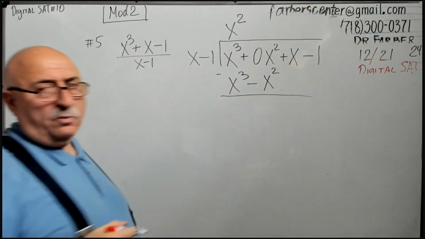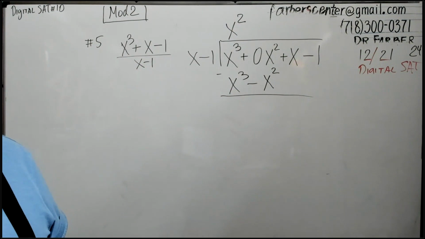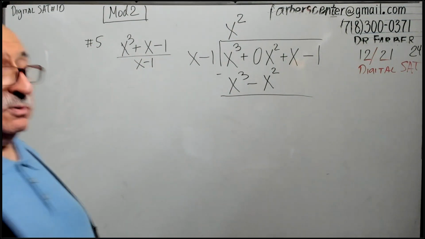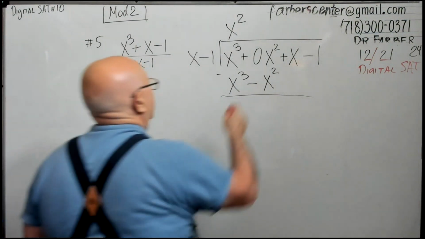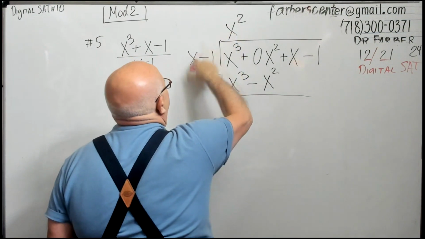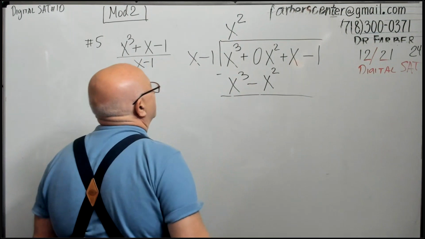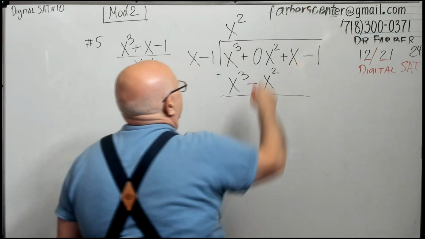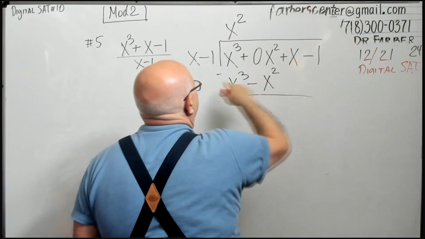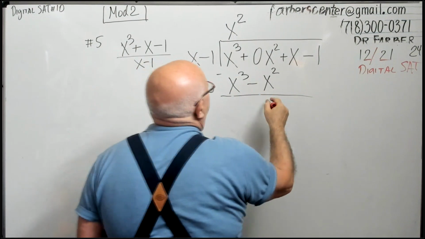Does everyone understand what I'm doing? Who understands how you do long division? Timur Malik, Dilrabo. Find a number which, multiplied by the divisor, gives a quotient term closer to the dividend's leading term. This is our goal. Now, 0 times x squared, there is no x squared. Minus minus, it will be x squared.